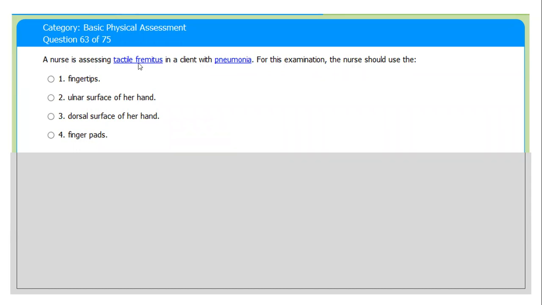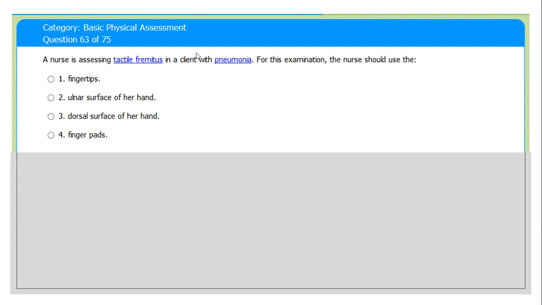So what is tactile fremitus? Tactile fremitus is a type of the vocal fremitus we find over the area of secretion, or tussive fremitus felt on the chest while the patient is coughing, right?